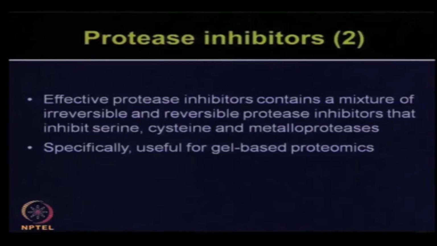Effective protease inhibitor mixtures contain different types of inhibitors, irreversible and reversible, which inhibit serine, cysteine and different metalloproteases. This step is more important when you are preparing your samples for gel based proteomic applications.